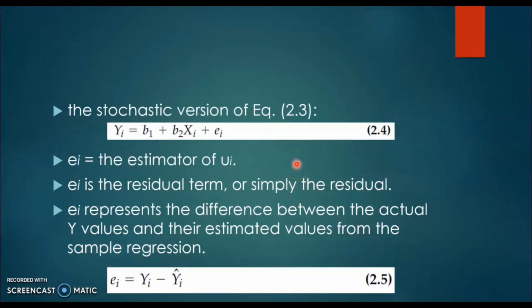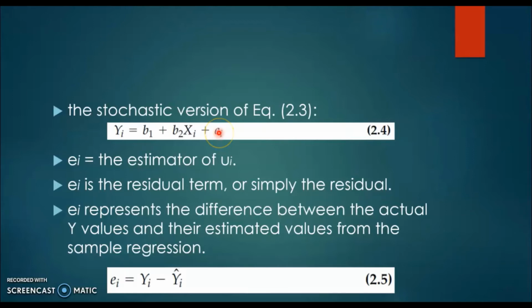If we include the stochastic term in equation 2.3, we will create the equation that we have here, where instead of including the mu to represent the error term, here we include the stochastic term represented by e i. So e i is the estimator of the random stochastic version of the population.